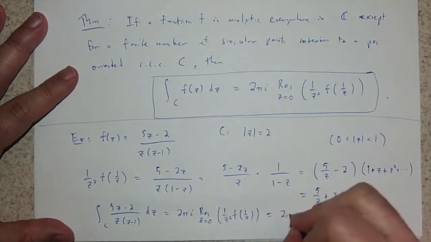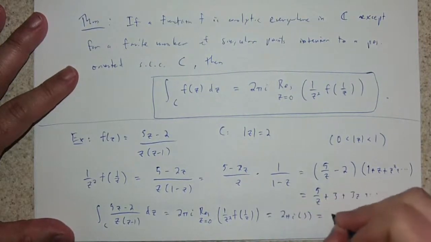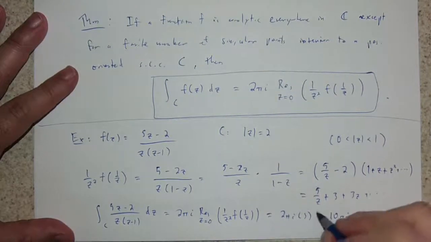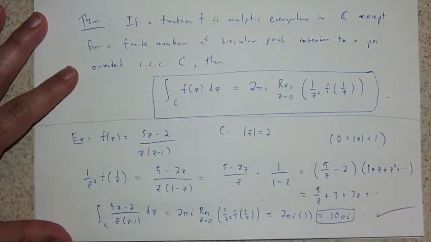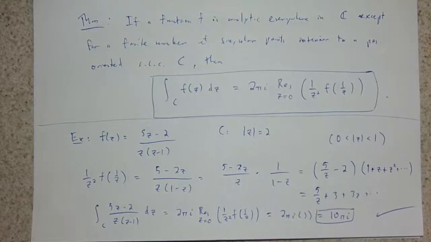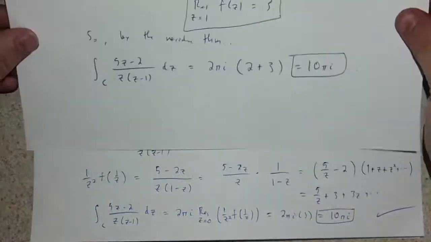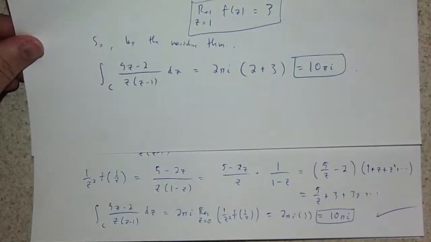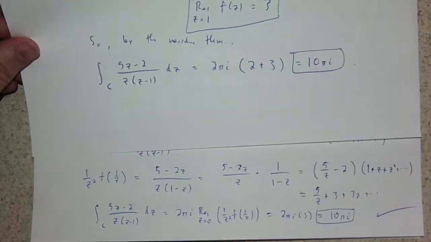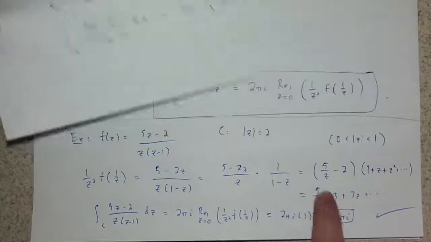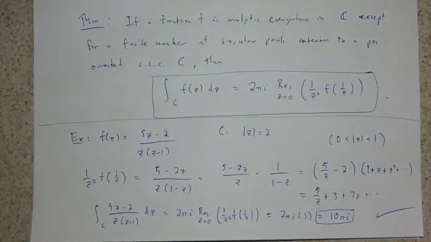So this is 2 pi i times 5, which is 10 pi i. Hey, that's exactly what we expected it to be, right? If we go back to our example where we used the regular residue theorem yesterday, that's exactly what we got. It's kind of neat how the 5 popped directly out of the algebra here. You can actually see it.